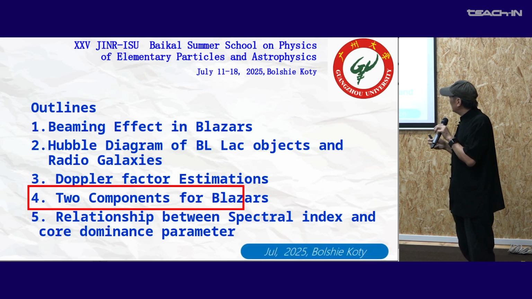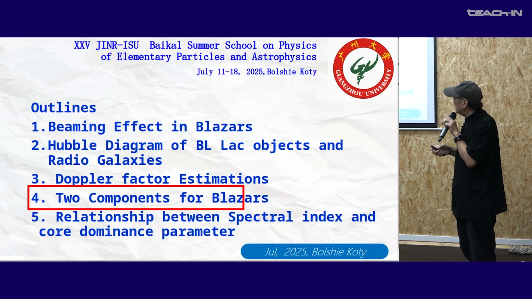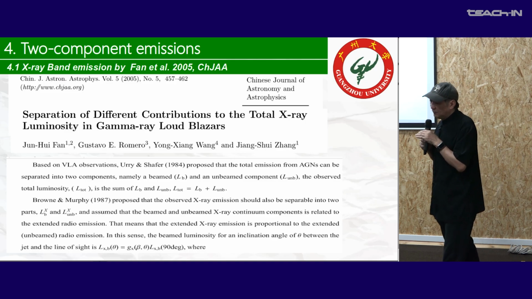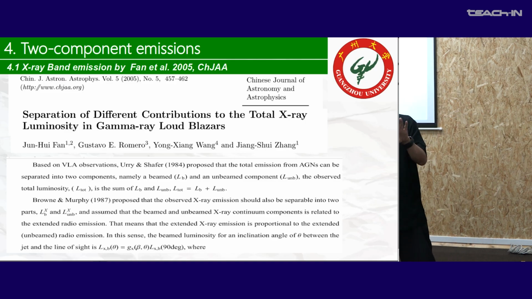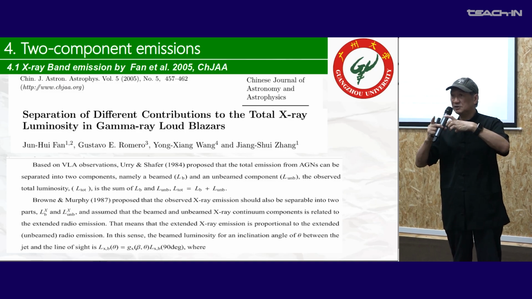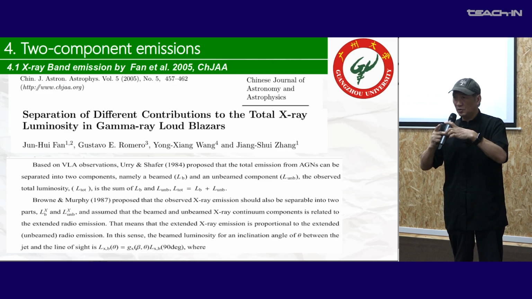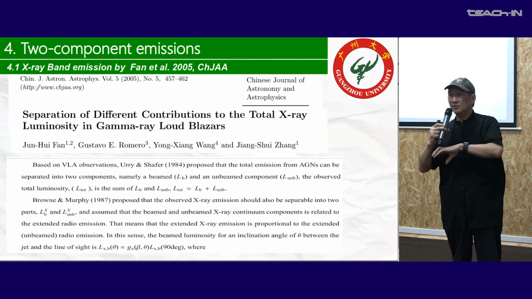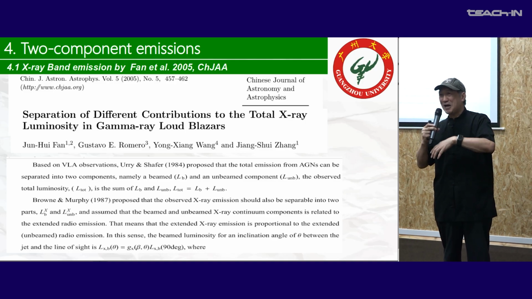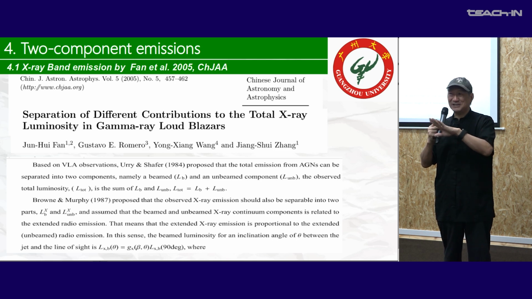So now I show you something about the two components of blazars. We know, thanks to the radio technique, we found that the radio sources have a compact core and an extended component. How about the X-ray band? But the X-ray band does not have such high resolution, so we cannot separate the core and the extended.